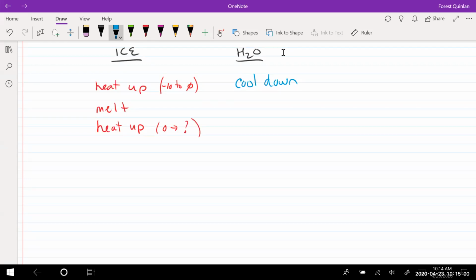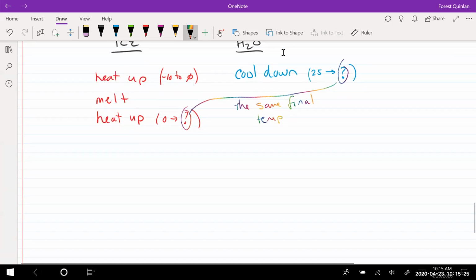The cool down means the water is going to go from 25 down to which temperature? It's these two guys right here that are going to end at the same temperature. That's how we're going to know where we're going.